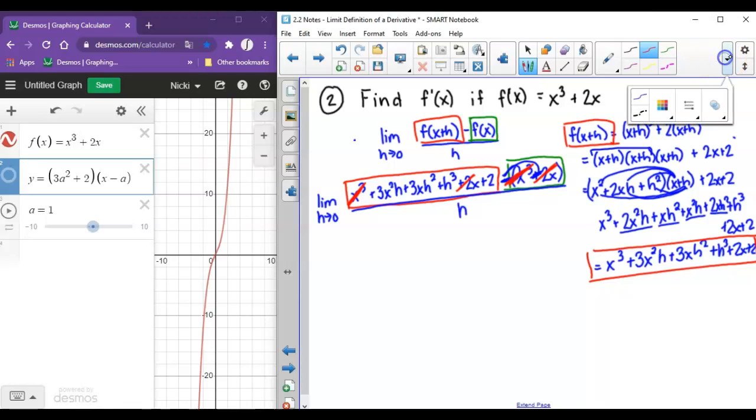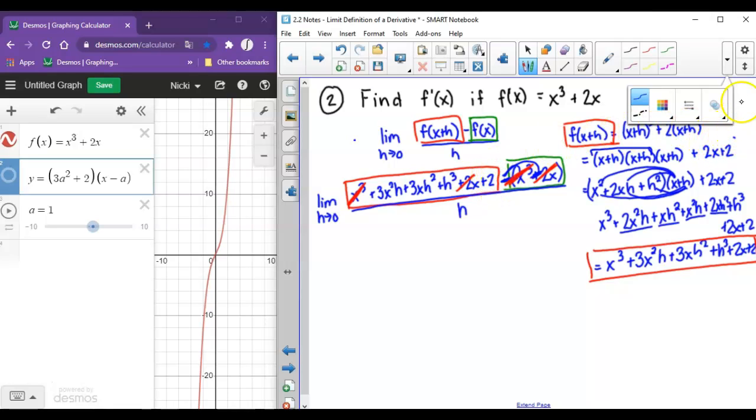And I have made a mistake. Typically, one reason I know I've made a mistake is because typically all of the terms in the numerator are still going to have an h with them. And I can see right here I've got that positive 2, and it does not have an h, and it won't cancel with anything. So that, because I've done a lot of these problems, is alerting me that I've probably done something wrong.